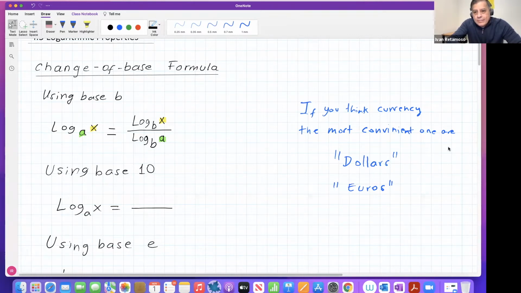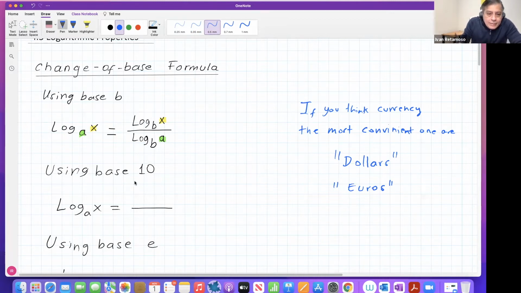So this formula allows you to go from any base to base 10 or base e. That's useful because most scientific calculators have these functions, the common log and the ln, the natural log. So at least computationally, it's going to help us.